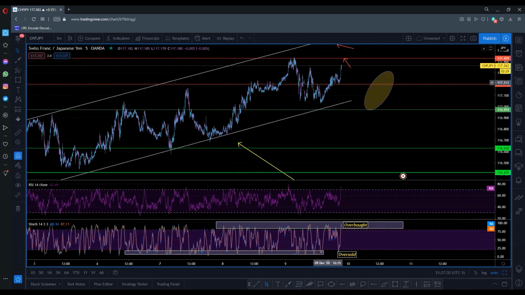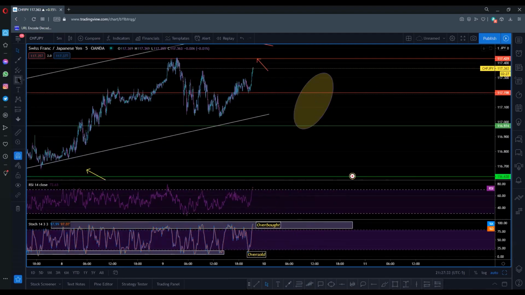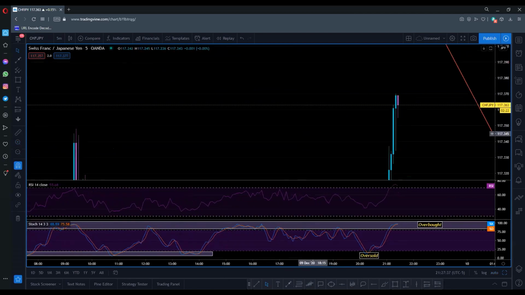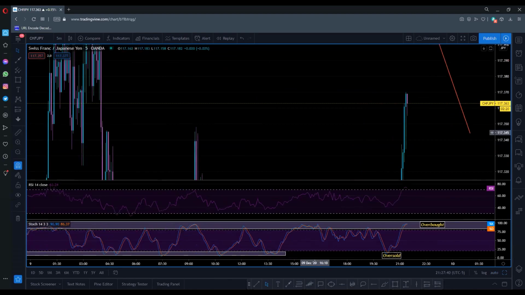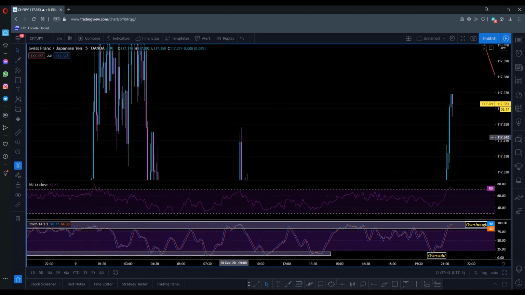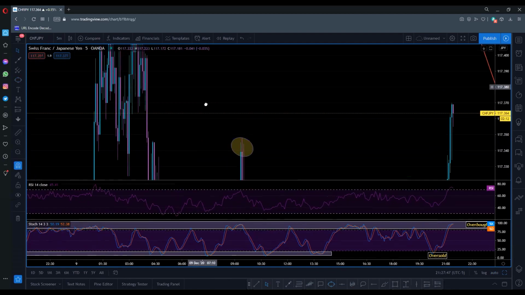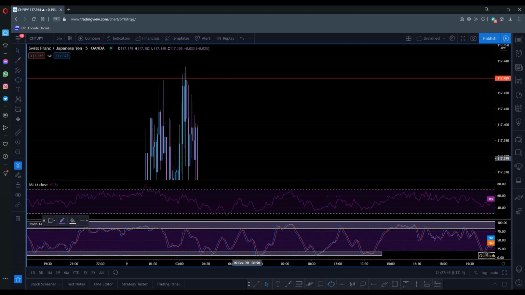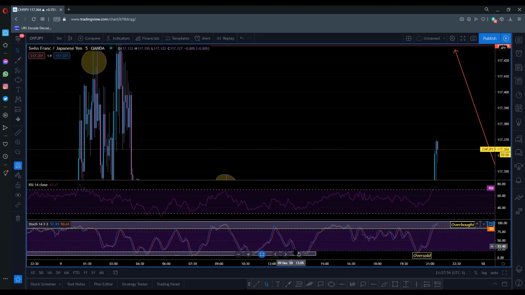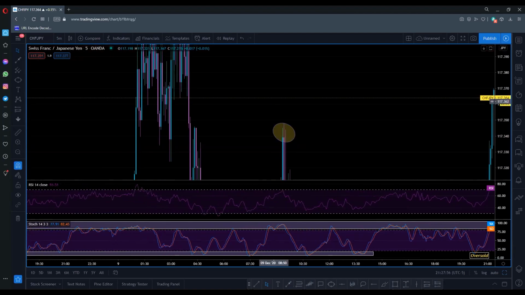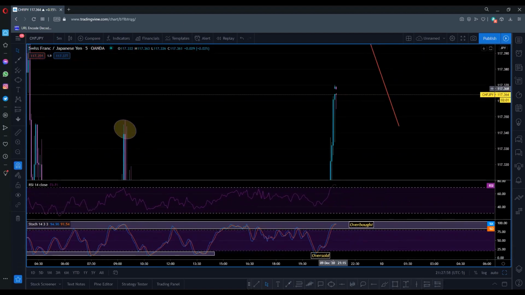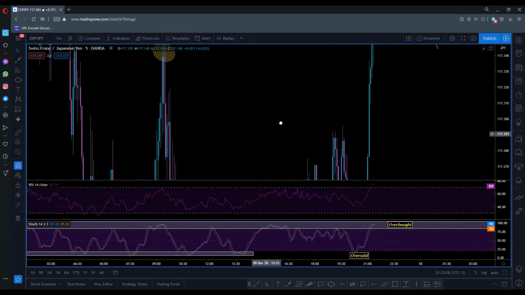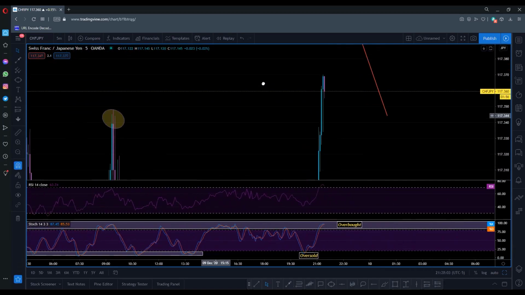Another way to see that is by zooming in to the candles when they're approaching it. If you're seeing wicks appearing as you approach a certain point, this is showing wick exhaustion. These are all wick exhaustions.